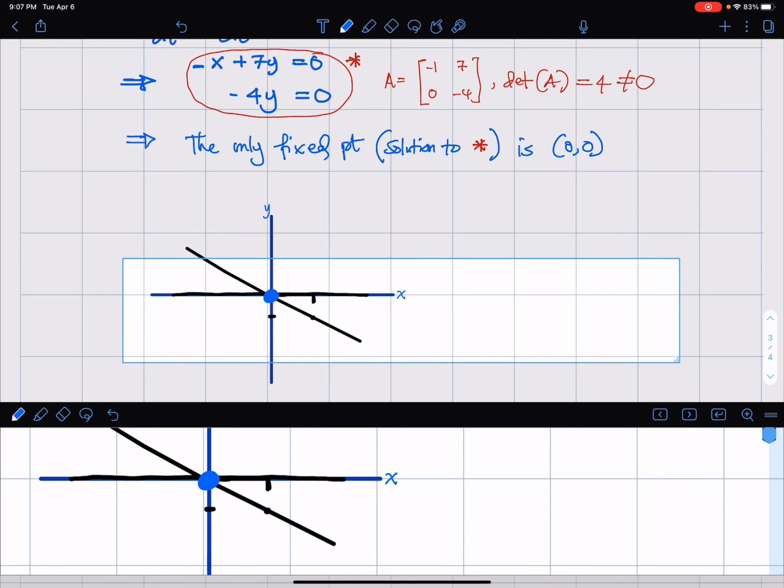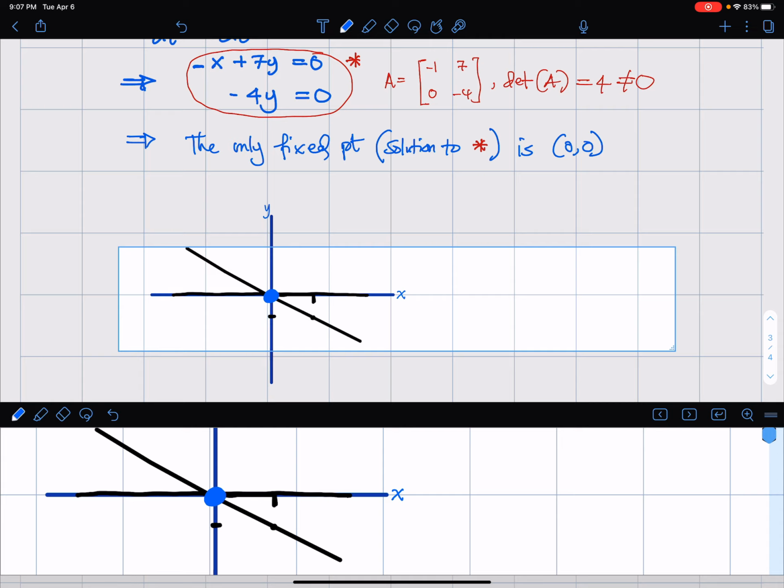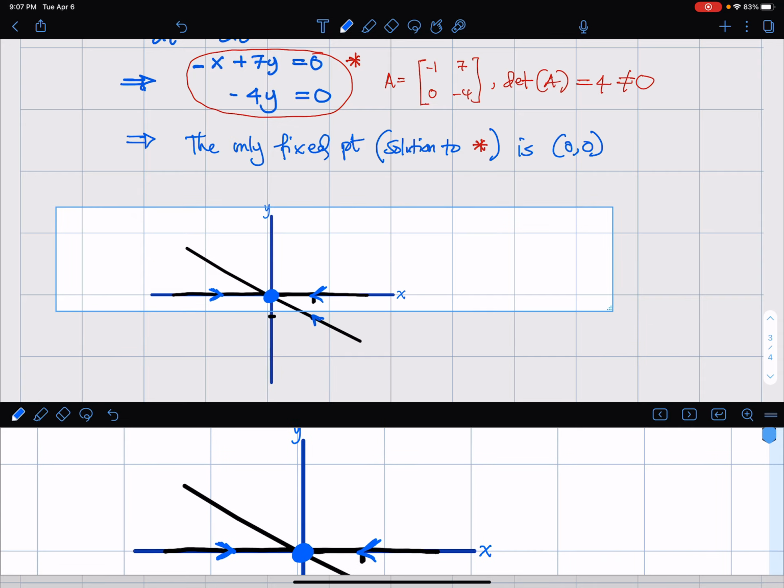The eigenvalue corresponding to the eigenvector 1, 0 is -1, so these arrows should point inwards towards the origin. Another eigenvalue is -4, so these arrows should also point inwards along the line on which that eigenvalue lives.